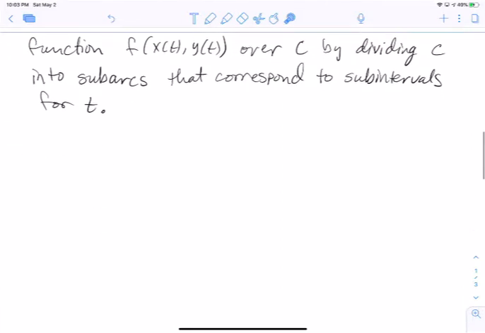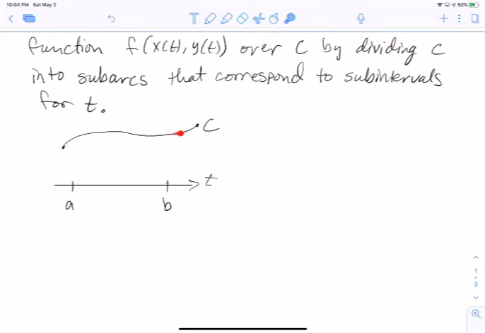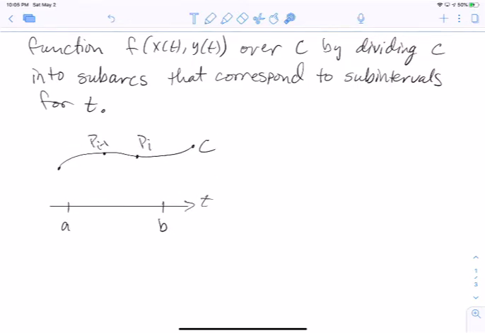Let's see this visually. Suppose we have a curve C, and the curve corresponds to an interval for t that goes from a to b. Now on the curve C, P sub i minus 1 and P sub i define a subarc. And that subarc can correspond to a subinterval t sub i minus 1 to t sub i.